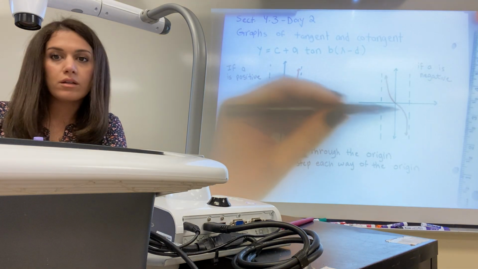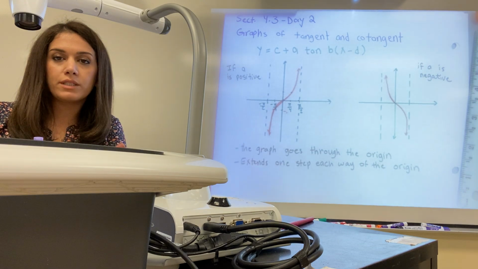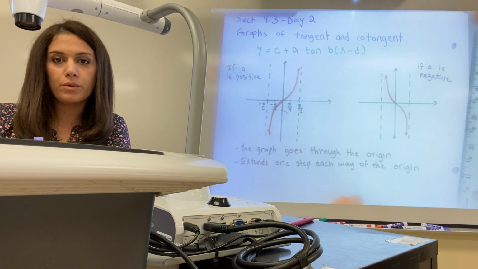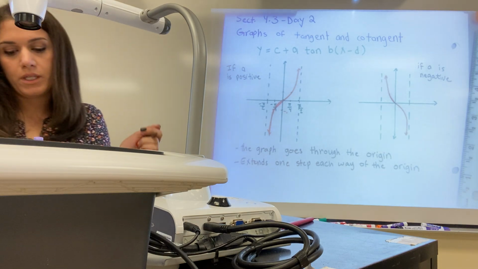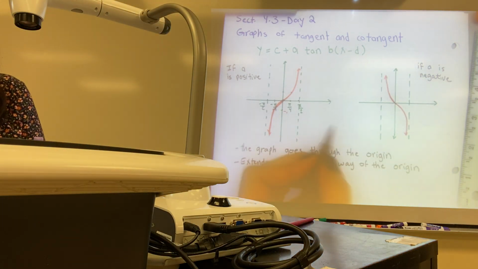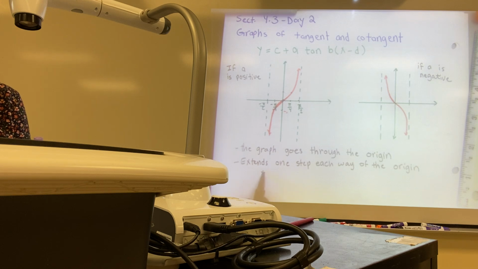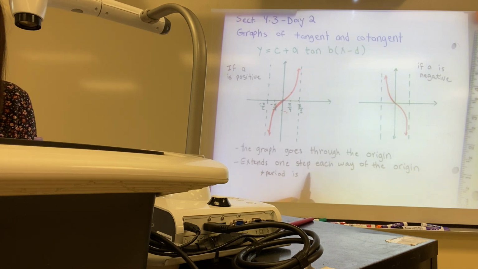So the period is 1 pi. The tangent graph will repeat itself after 1 pi, while with the sine and cosine, the period used to be 2 pi. So it's important to keep in mind that period is pi over b, and it will be 1 pi in this case.